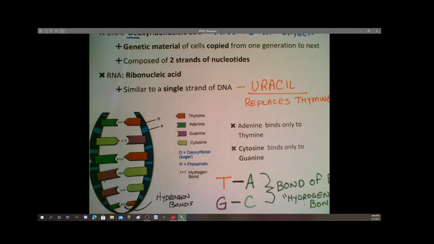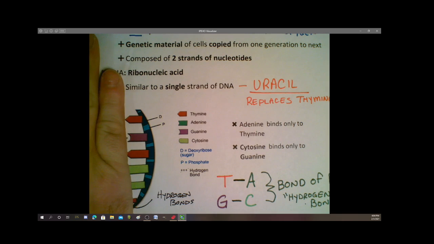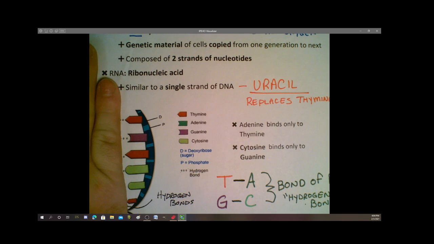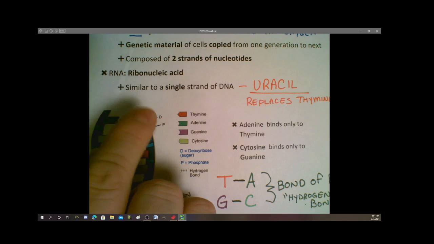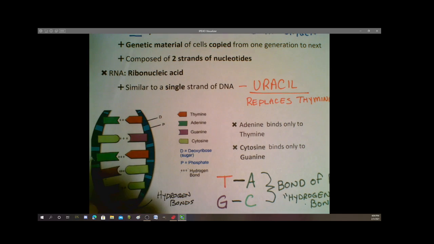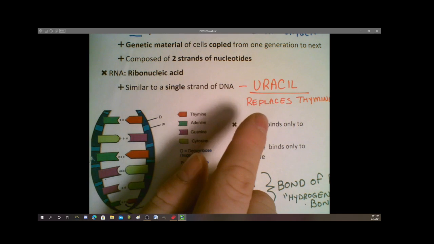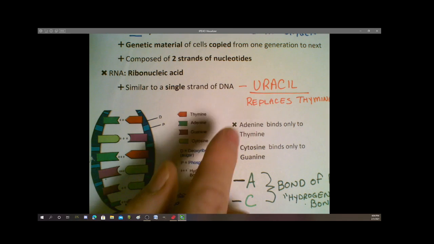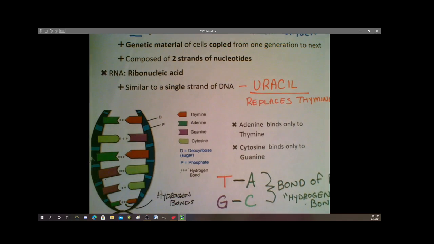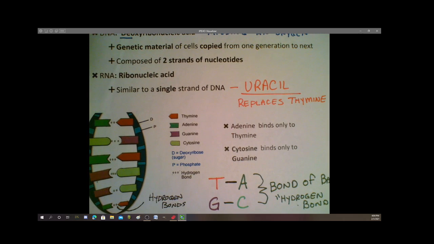RNA is a single strand, so it's just one single strand. And the big difference is that not only does it have this extra oxygen, but RNA doesn't have thymine. It has uracil. So uracil replaces thymine in RNA.